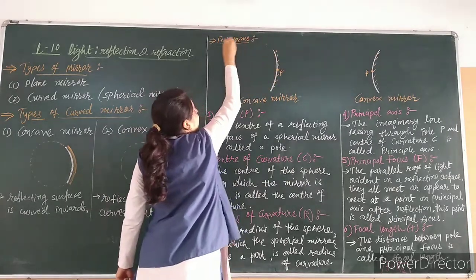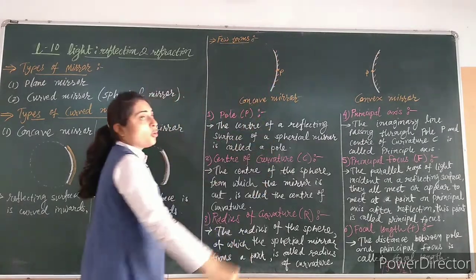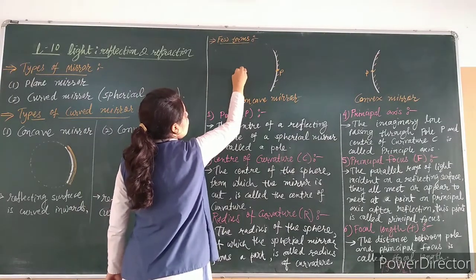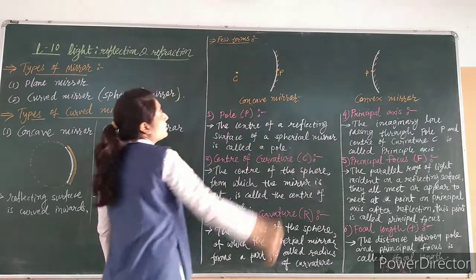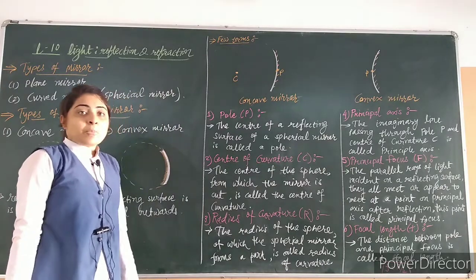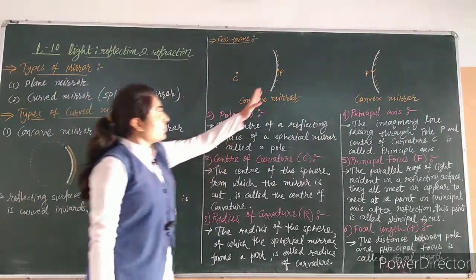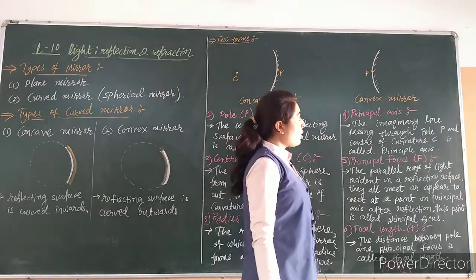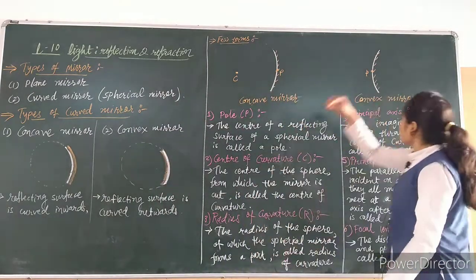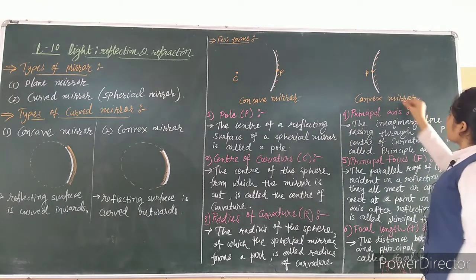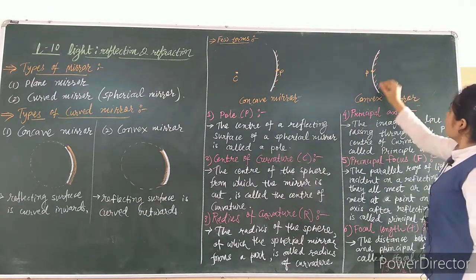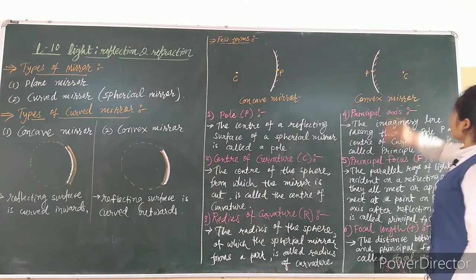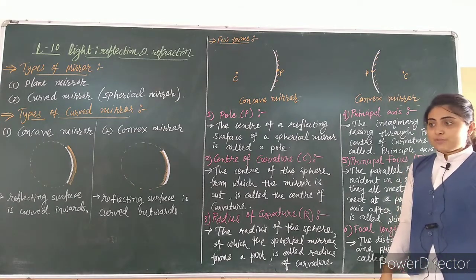Imagine this is a whole sphere, and that sphere will have one center, say here. That will be the center of curvature for this mirror. And for the convex mirror, same. This convex mirror is a part of one sphere, and that sphere has one center, which is known as the center of curvature.